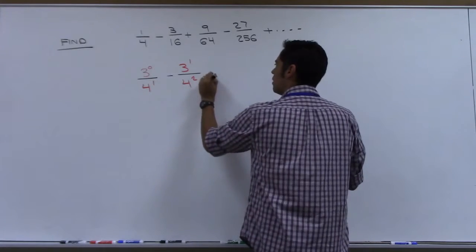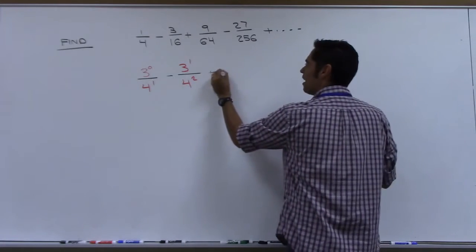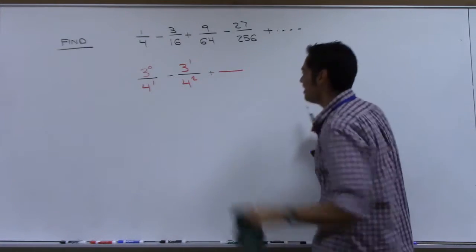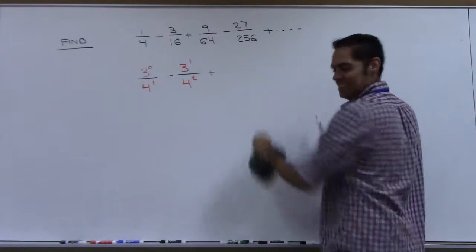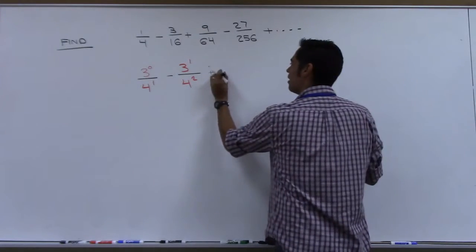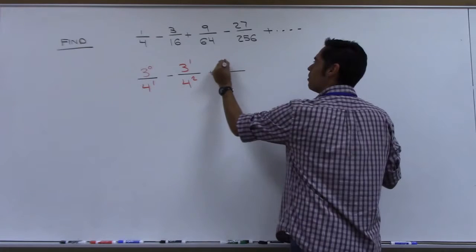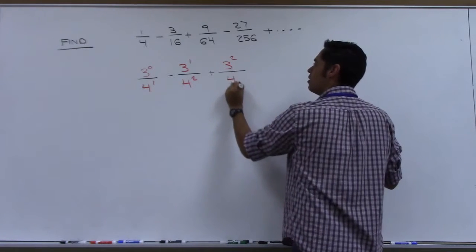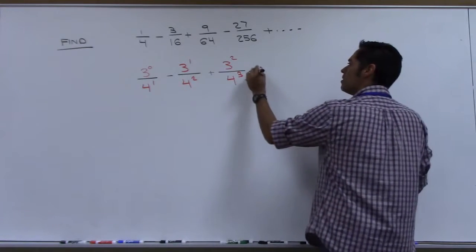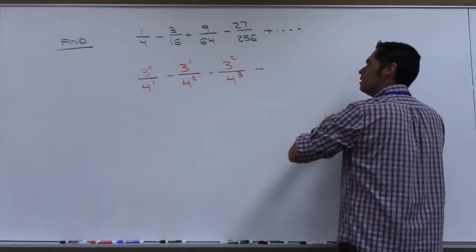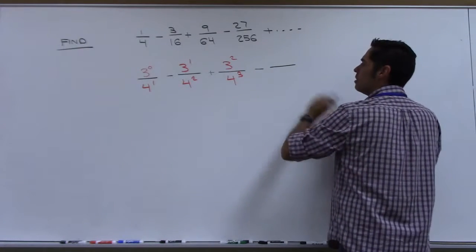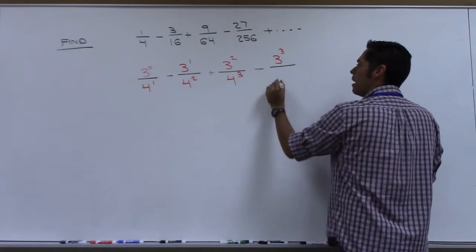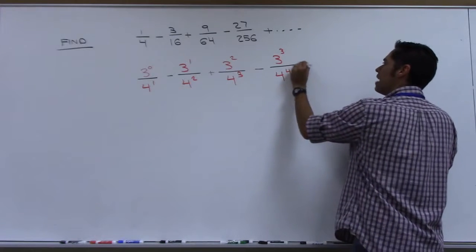The next one's plus 3 squared over 4 cubed, then minus the last one, which would be 3 cubed over 4 to the 4th. That's what it looks like is happening, right?